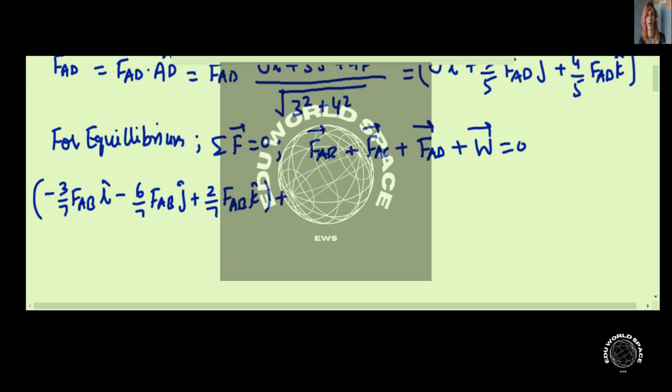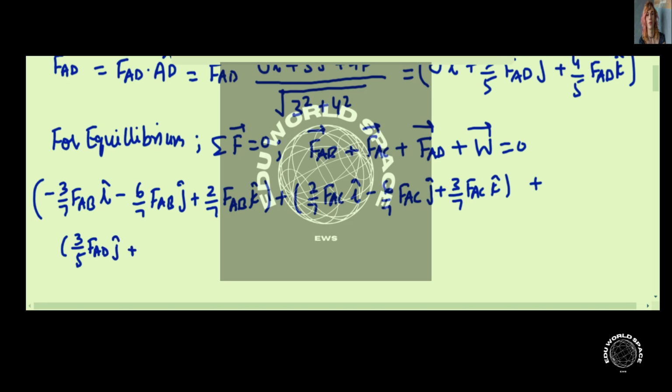Now FAC force we will substitute, that is 2 by 7 FAC i cap minus 6 by 7 FAC j cap plus 3 by 7 FAC k cap, plus AD force 3 by 5 FAD j cap plus 4 by 5 FAD k cap, minus the weight of the body that is given to us, W k cap, is equal to 0.